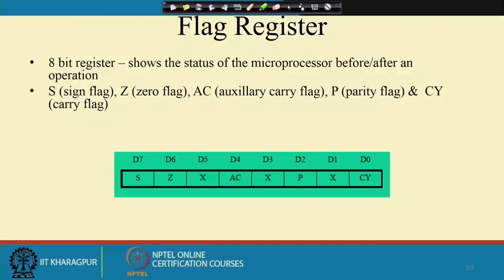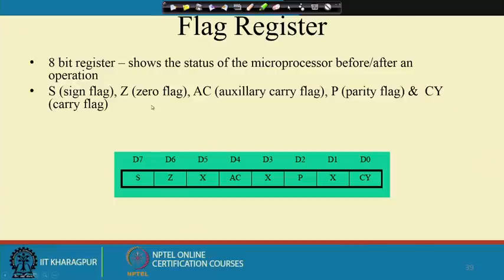If the accumulator content is negative, there may be some decision that I need to take based on that situation. So, we need to know the type of the result of the last operation. If the result is negative, then bit D7 of the flag register will be set to 1, and if the result is positive, then D7 will be 0.